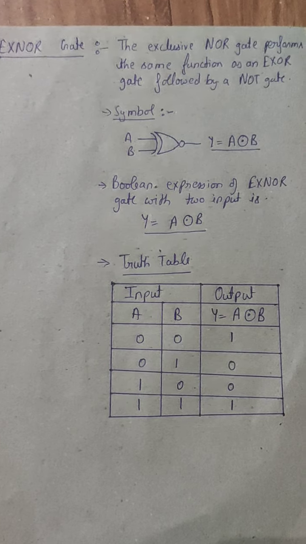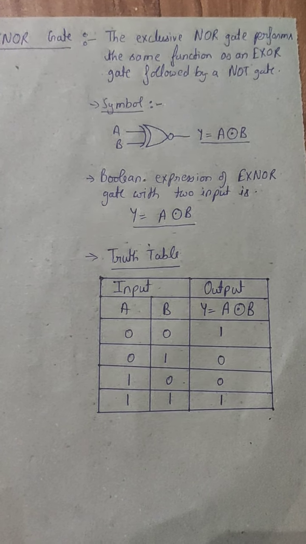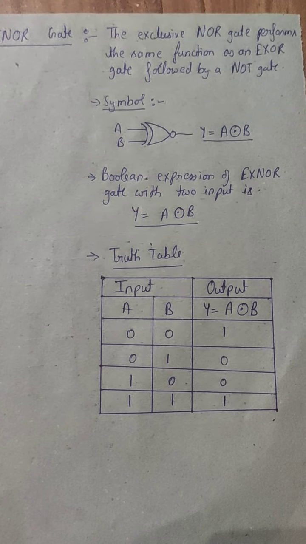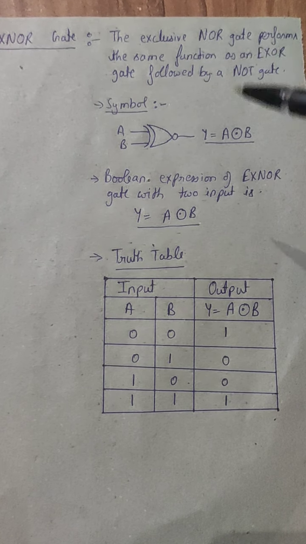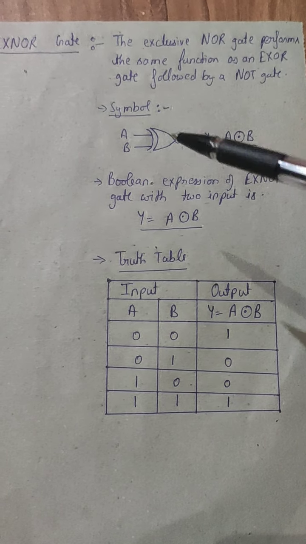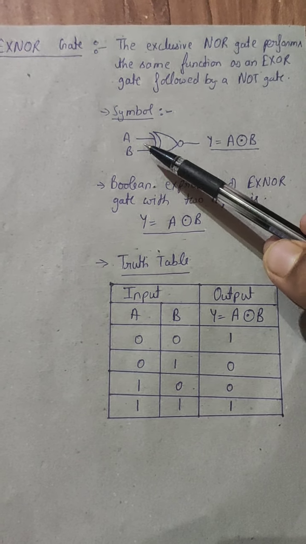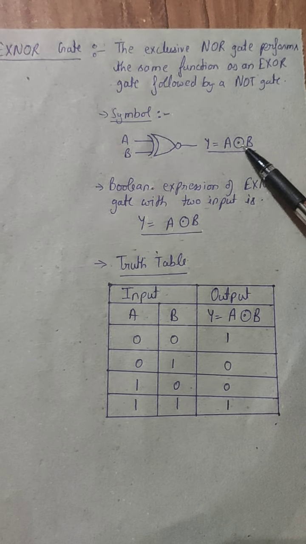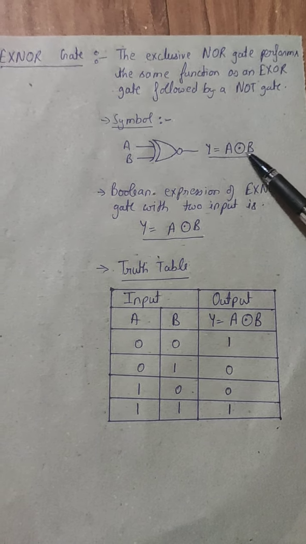Next is the XNOR gate. The exclusive NOR gate performs the same function as an XOR gate followed by a NOT gate. So this is the combination of an XOR gate followed by a NOT gate. This is the symbolic representation of the XNOR gate with two input variables A and B, and this symbol is used for XNOR, that is a dot inside a circle.